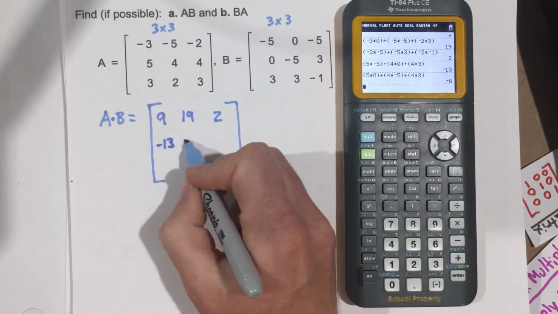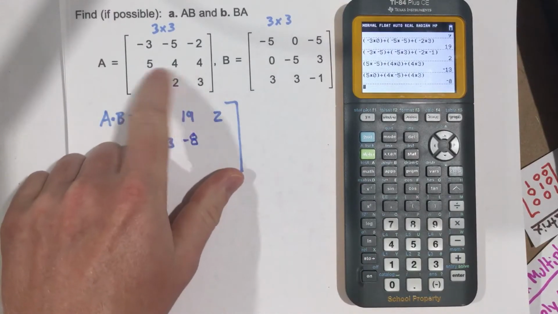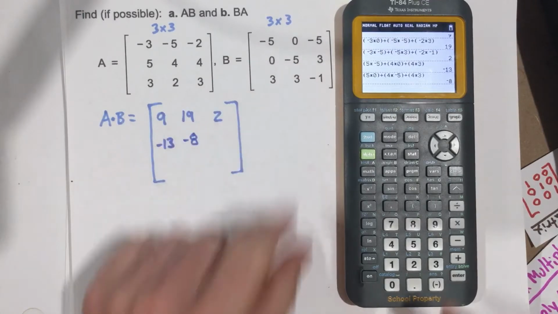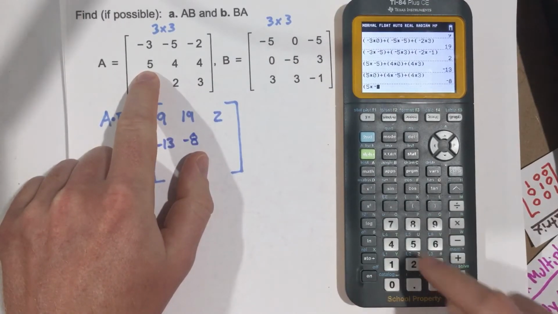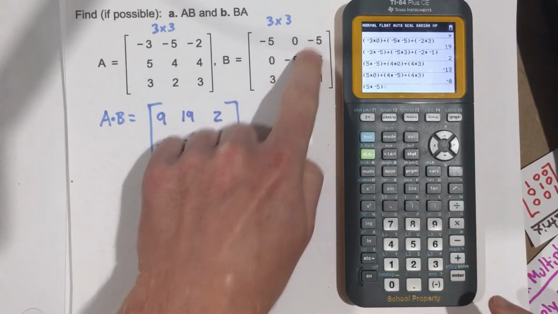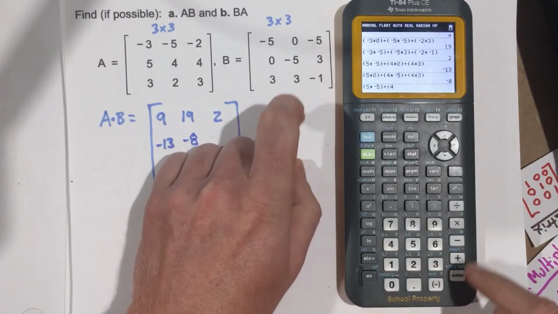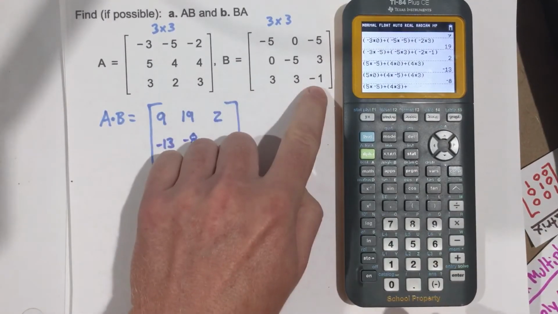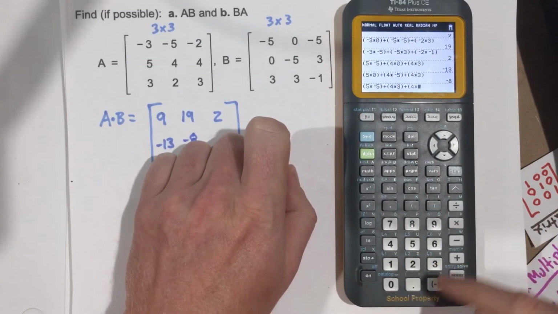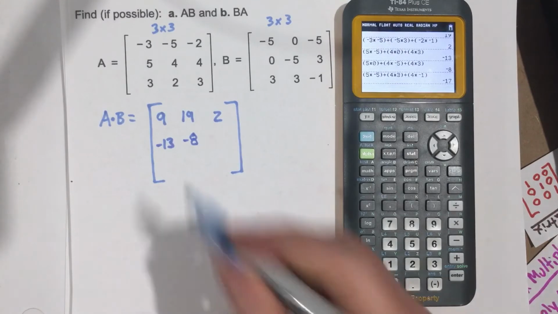Negative 8. Now we're going second row, third column. So we've got 5 times negative 5 plus 4 times 3 plus 4 times negative 1, negative 17.